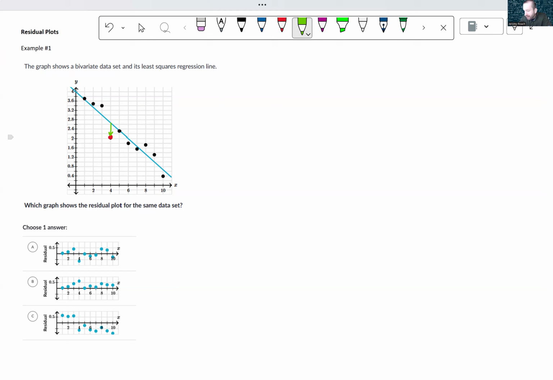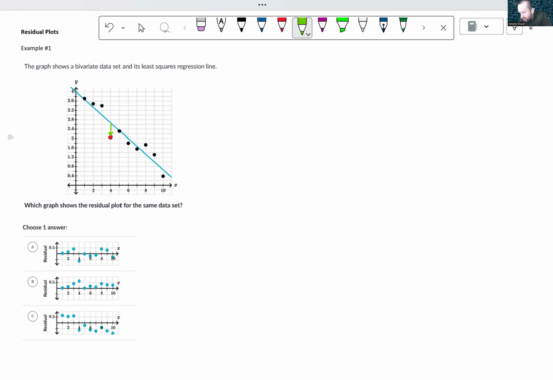So when x equals 4, the actual data is at y equals 2. But the predicted data for when x equals 4 looks like y is 2.6.